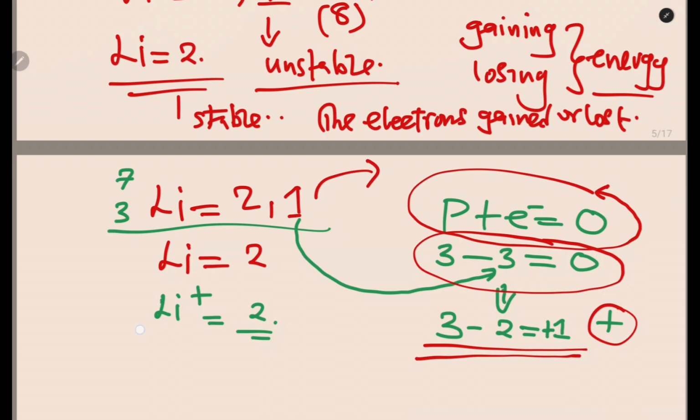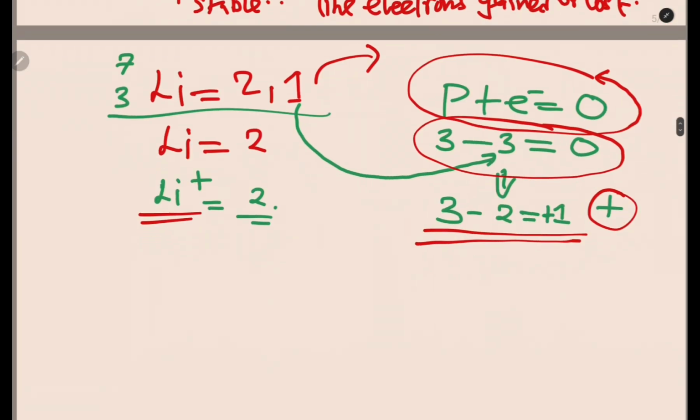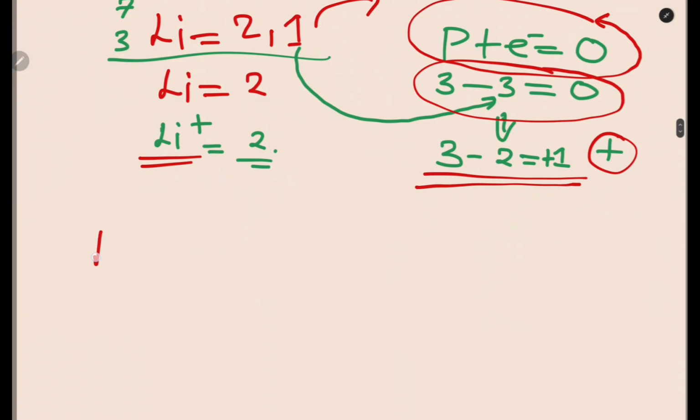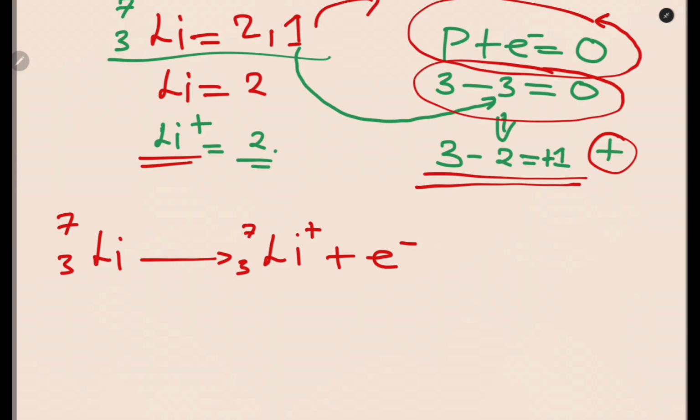So the lithium ion is like this. In formation of the lithium ion, we can present it like this. So lithium, the normal one, in this case becomes lithium ion, plus 1 electron is lost.